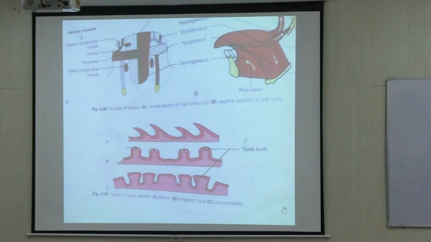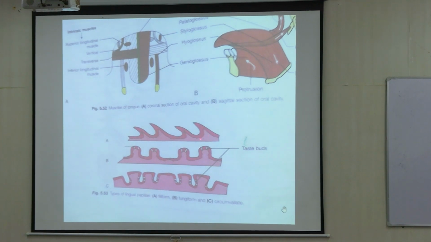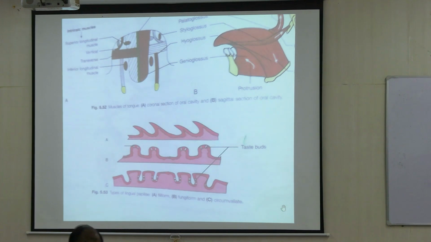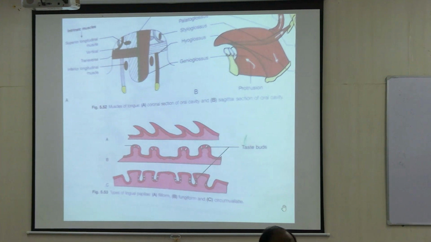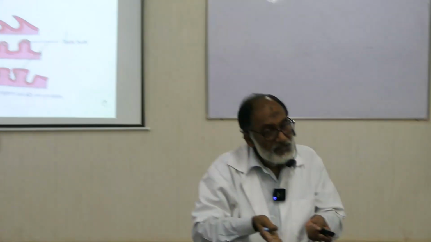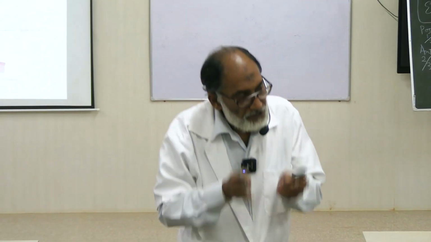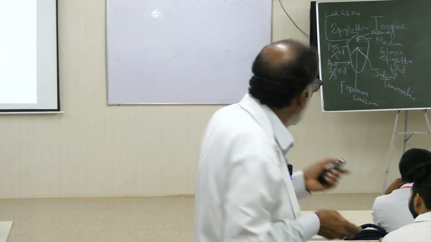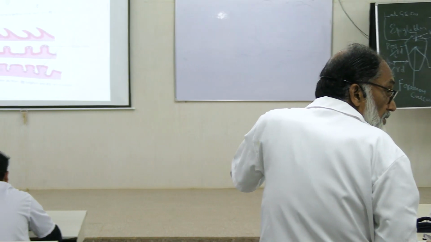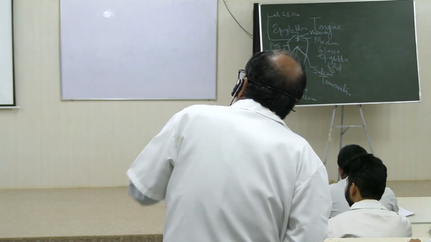Here you see this thing is the lamina propria. So how is a papilla formed? It is the projection of the lamina propria covered by epithelium. That is called a papilla. So within the papilla you will get lamina propria.